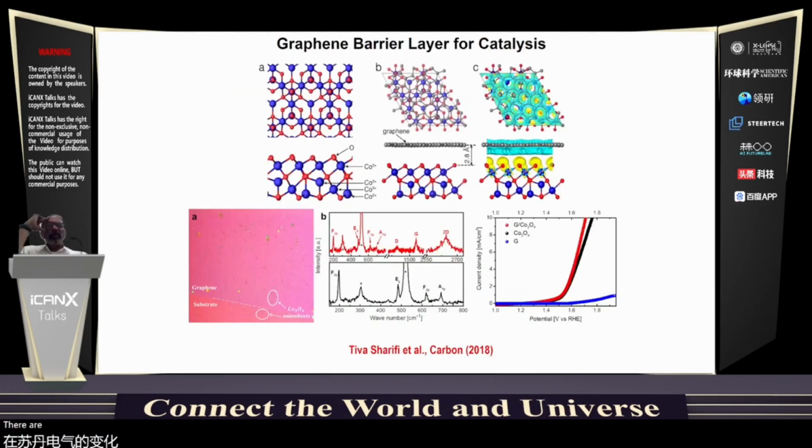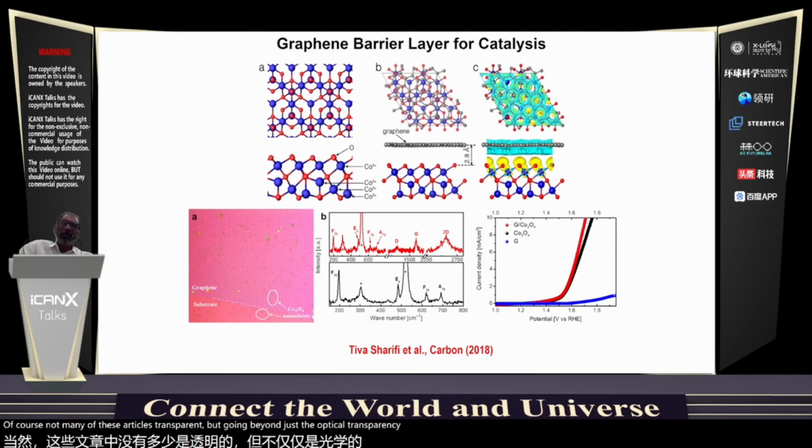There are also some very curious things about these type of 2D layers. Because of the atomic thickness, there's been talk about transparency. Of course, many of these are optically transparent, but going beyond just the optical transparency, people have also been noticing that they could be transparent in many other situations.